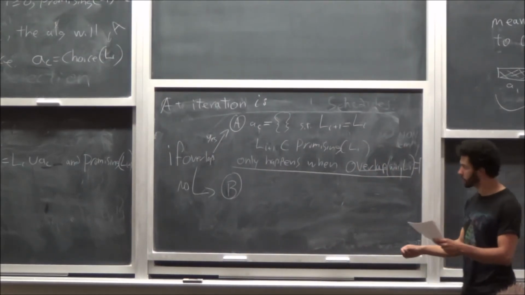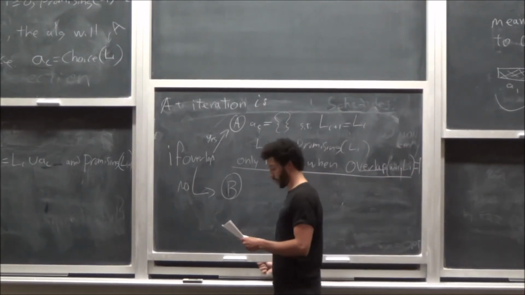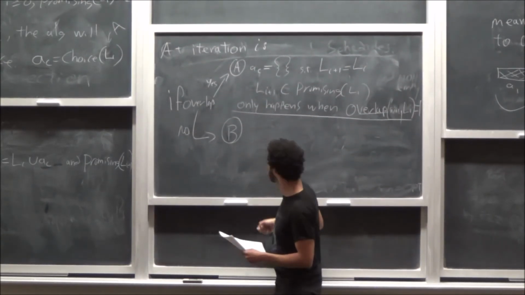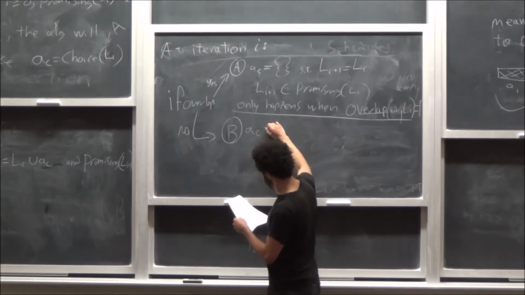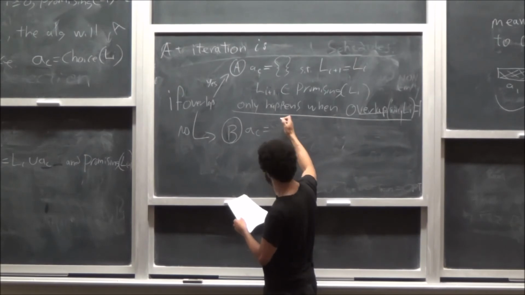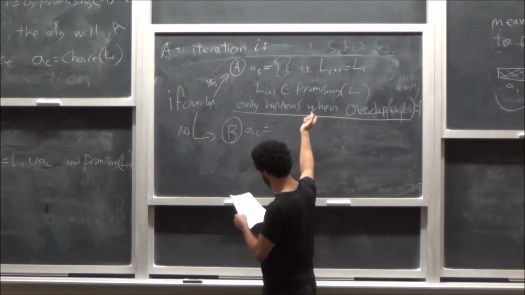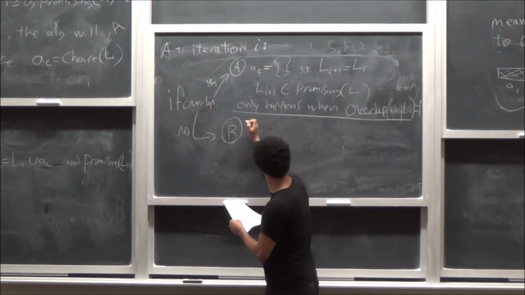So in case B, what are we going to do? What happens in case B? So we have an AC. AC equals some item. I don't really have a good notation for it, so I'll just write what I wrote in my notes.